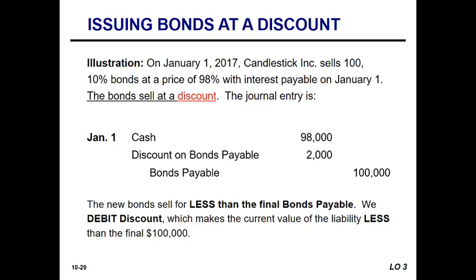Remember, we're recognizing the amount of the obligation at the current time. That's why it is netting out at $98,000. But we need to be aware and report for transparency purposes that $100,000 will pay out when these bonds mature.